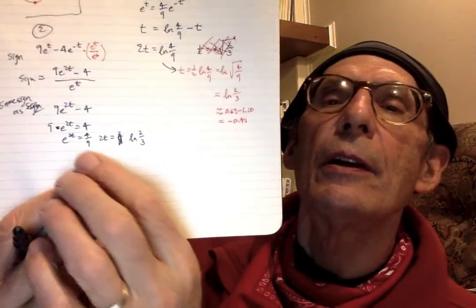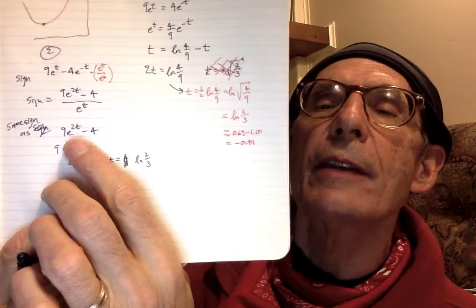I've skipped a step here. So we have e^(2t) equals 4/9. And once again, that means that 2t is, square root of 4/9, I'm sorry, natural log of 4/9. See, when you do stuff in your head, you do it wrong. Okay, so I need the sign of this.